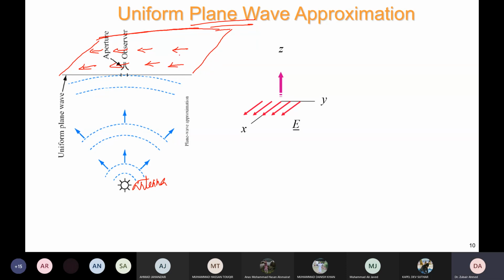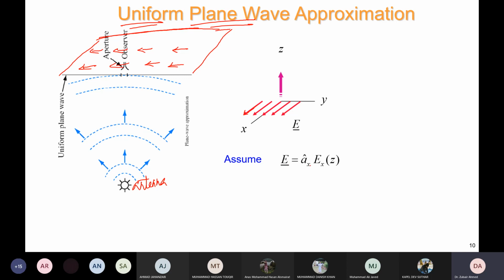So let's consider this xy plane, with this as the x-axis and this as the y-axis, and because we assume that the electric field has only an x component, these red arrows represent the electric field. We are assuming that the electric field magnitude is constant, that it is uniform in this xy plane. So this is our uniform plane wave lying in the xy plane, and the wave is traveling in the z direction.